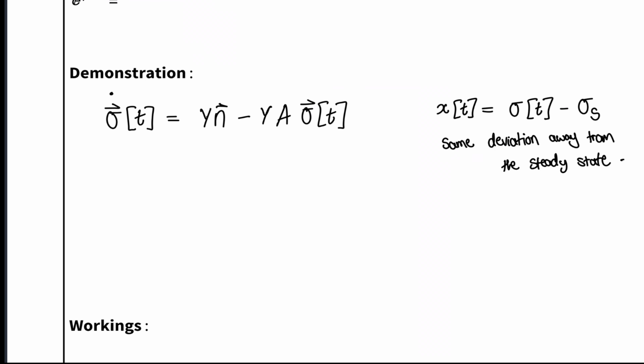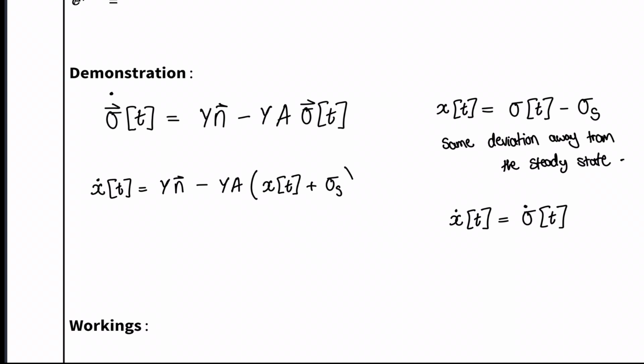So I've differentiated that with respect to time, and that's going to be equal to sigma dot. I'm differentiating this with respect to time as well, and this is just a constant, so it disappears. So now we get x dot t is equal to gamma times the bracket of eta minus A sigma(t), and sigma(t) can be written differently using this equation. It can be written as x(t), which is a function of t, plus sigma s. Cool.